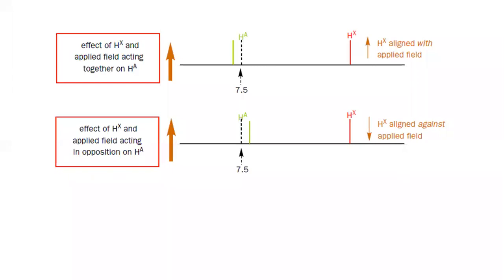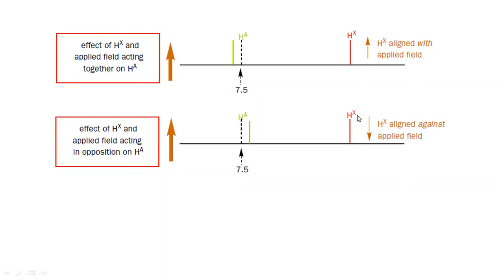First condition: when there is no sensing of neighboring protons, a singlet will appear. Second condition: this neighboring proton is aligned with the applied field, so this HA goes to the higher value.